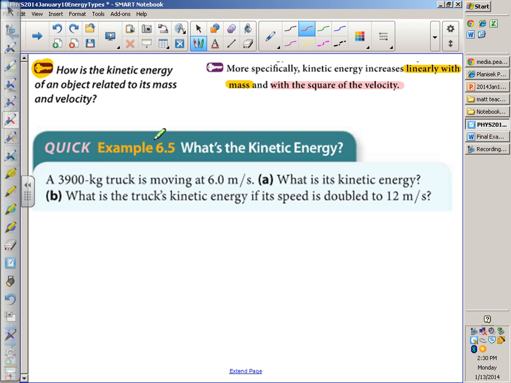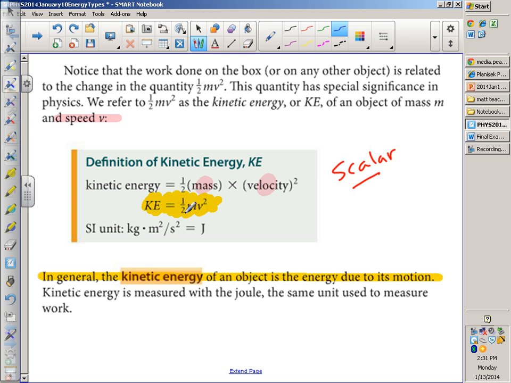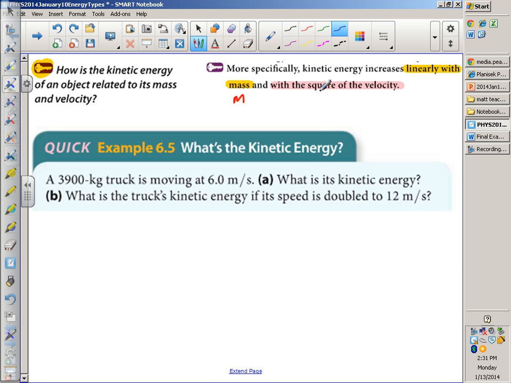Meaning, let's say I have an object and it has a certain mass, mass m. And I do the calculation, the formula for kinetic energy, based on its m and its v, and it comes out to have some kinetic energy equal to KE. If I take the mass and double it, I make that object twice as big, or I make it heavier.